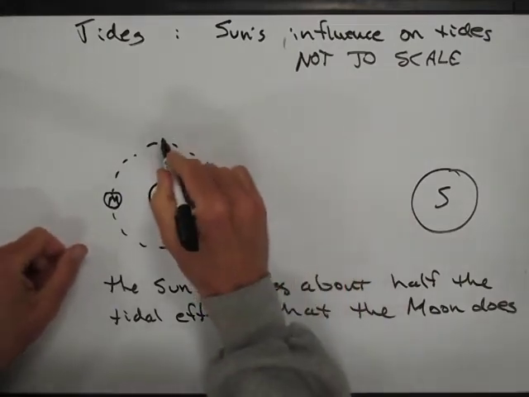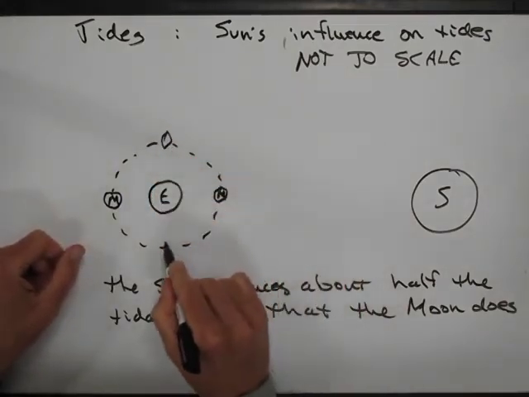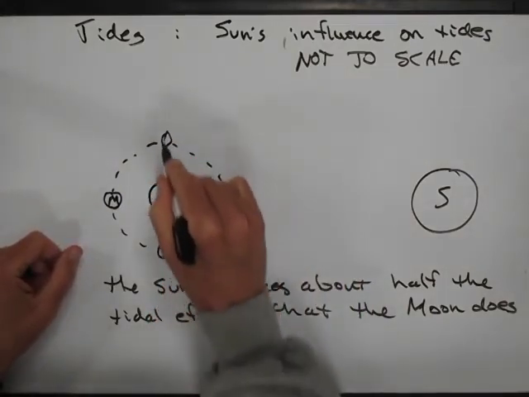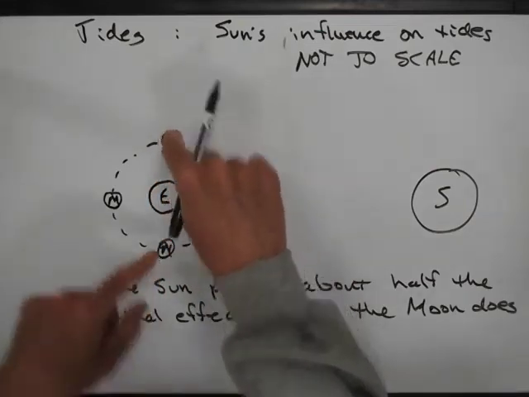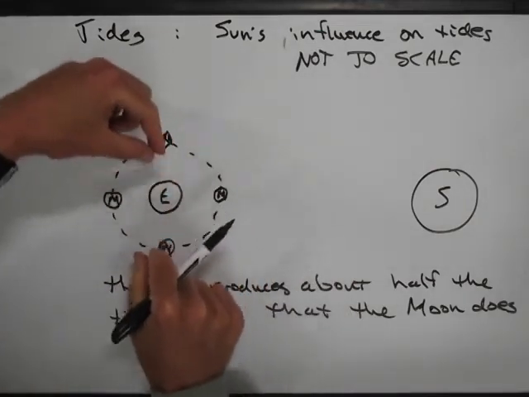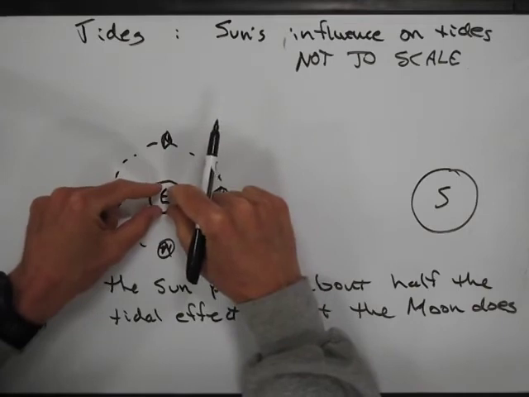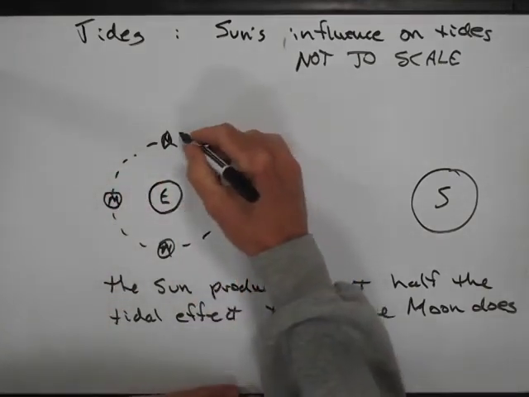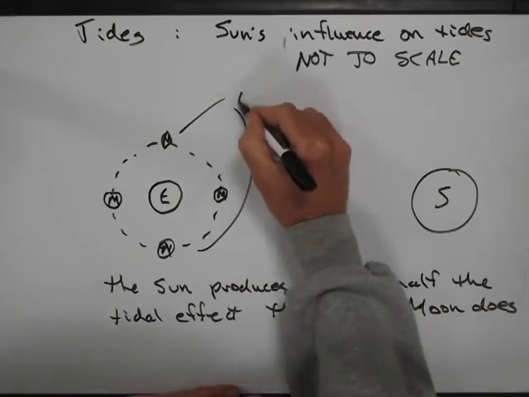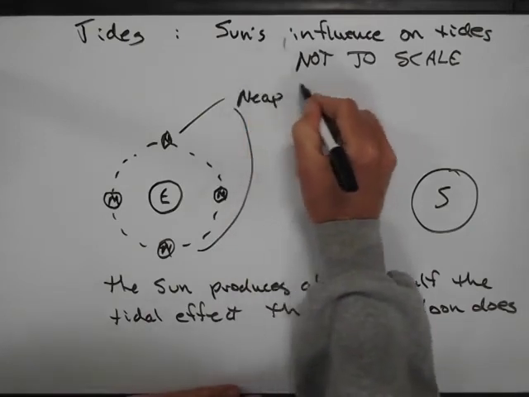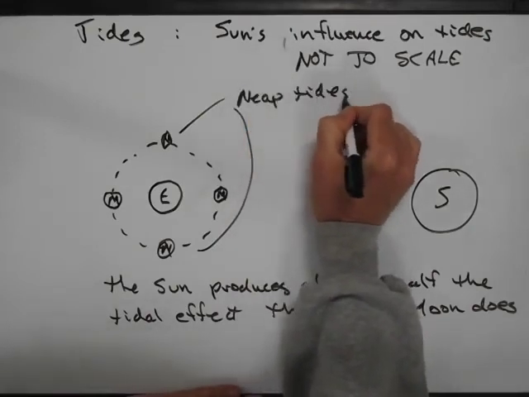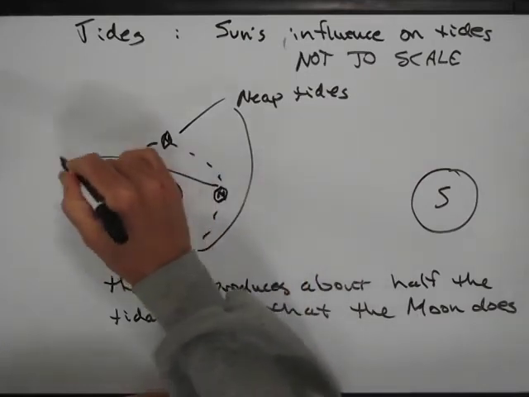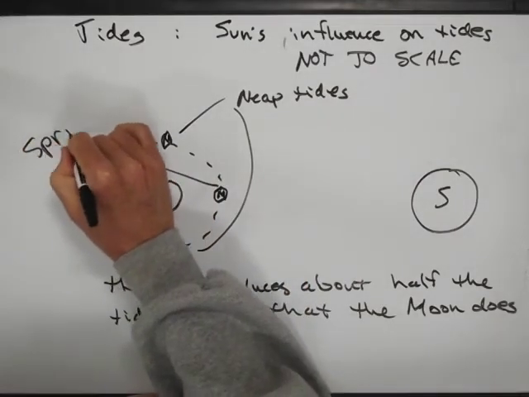When the sun and the moon and the Earth are at 90 degrees, the moon is trying to stretch the Earth this way, but the sun with its weaker effect is trying to stretch the Earth this way, so tides are smaller. And so these two positions give neap tides, and these two positions give what's called spring tides.